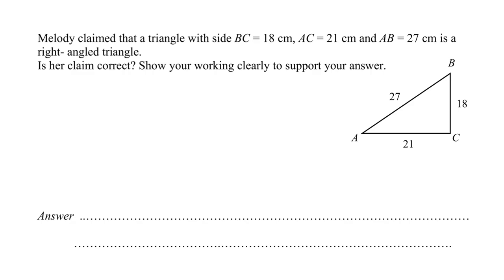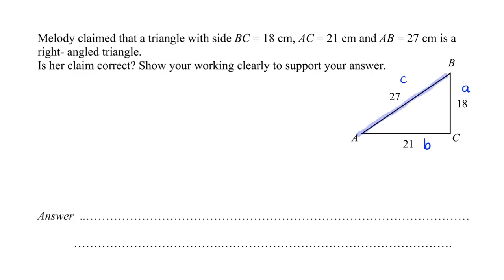So I'm going to apply my Pythagoras theorem, which states that if it is a right angle triangle, then my c square is equal to a square plus b square. Right? So this is what we are going to find out.